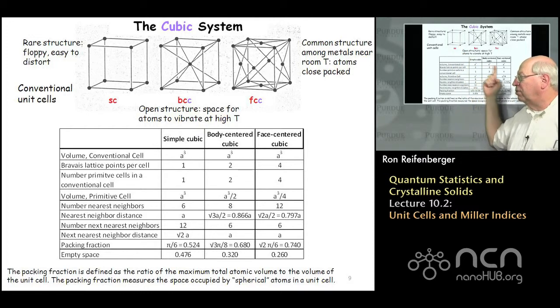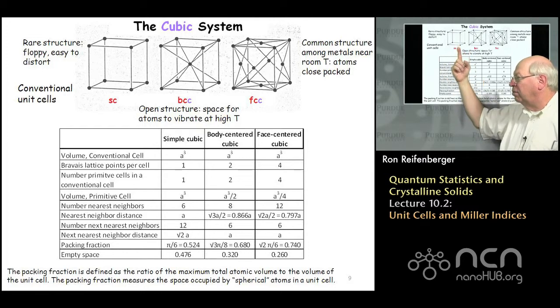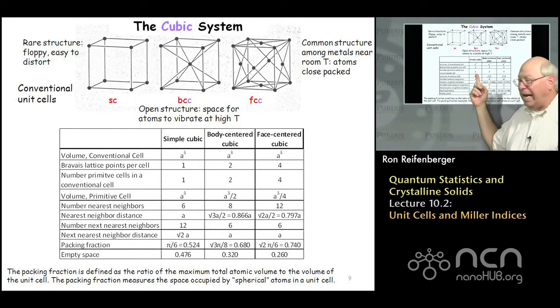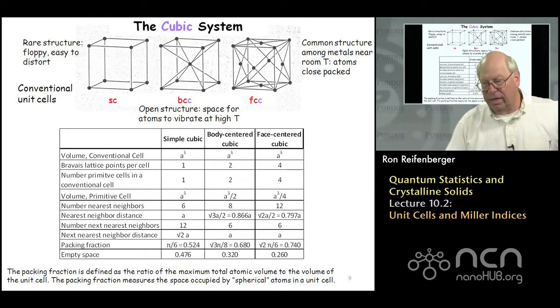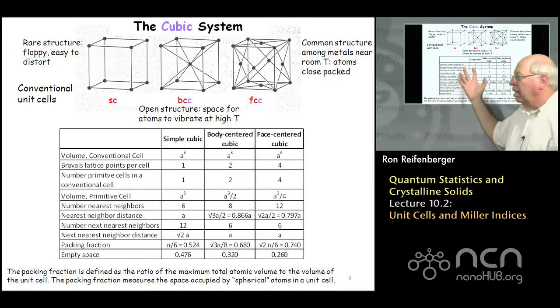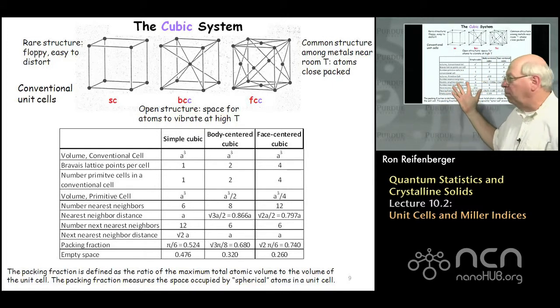So these are the conventional unit cell volumes. They're always the same because the dimensions of each side of the unit cell is A. It tells you how many Bravais lattice points there are per unit cell. It tells you the number of primitive cells in a conventional cell, right? So it just breaks down these 3 systems, and it's a very useful table.